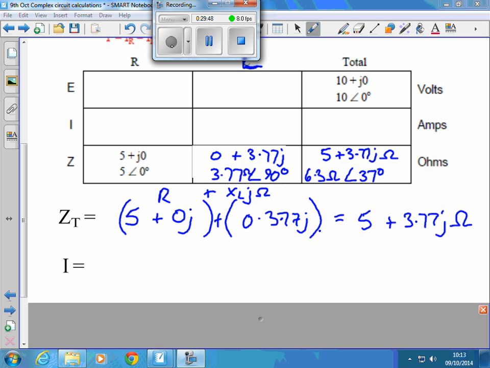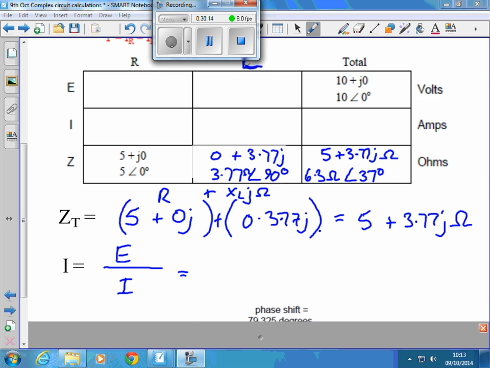So now we've done that, we've got a voltage, and we've got a resistance. We can find the current, can't we? It's going to be that voltage, by Ohm's law, E divided by Z. We need to use them in complex form.